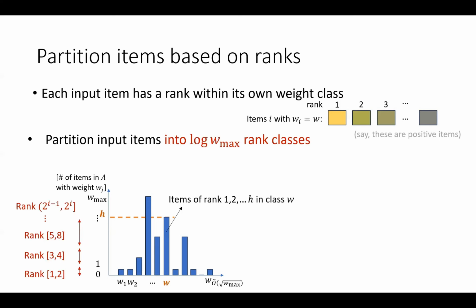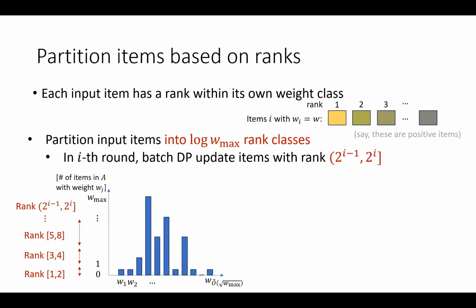Now let's partition the input items into log W max many rank classes, where the boundary of these classes are defined using powers of 2. And let's perform batch DP in rounds, where in the ith round, we batch DP all the input items whose rank are in the interval 2 to the i minus 1 to 2 to the i.